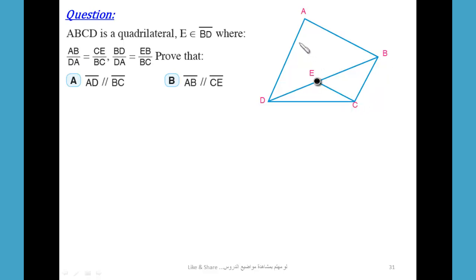Two sides from triangle ABD and two sides from triangle BCE.